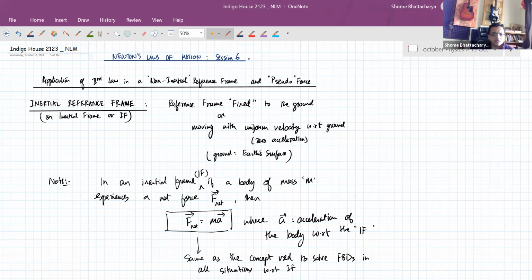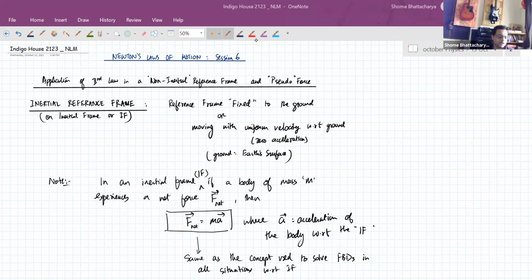Okay, so next up, let's understand the definition of a non-inertial frame. Exactly. So that is the correct deduction here. That inertial frame is basically that frame in which Newton's second law is written directly in this form, that net force is equal to mass into acceleration.